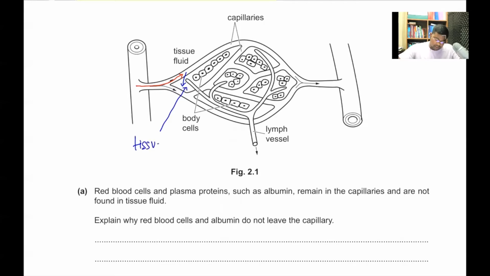In the blood, we're going to call it plasma. However, once it leaks out, we're going to call it tissue fluid. And then once that tissue fluid makes its way into the lymphatic system, we are going to call that fluid lymph.